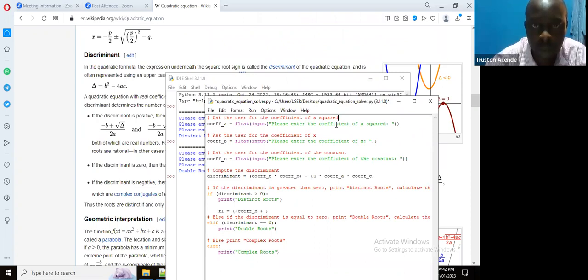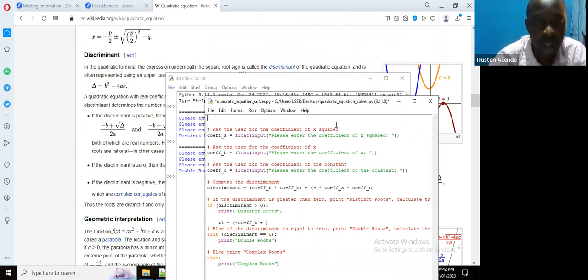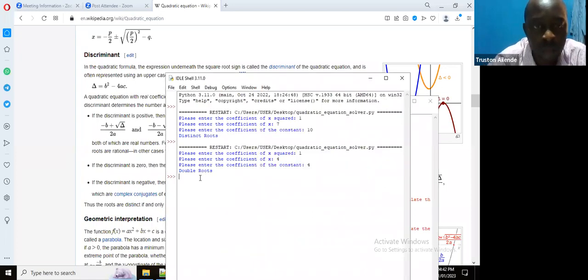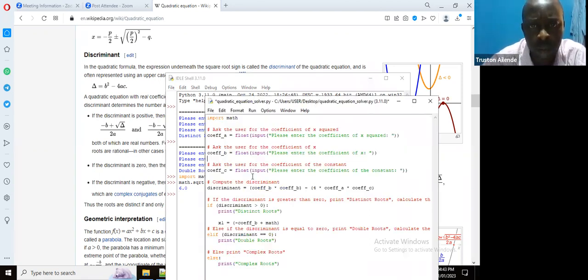Okay, beautiful, it works. So we'll just say import math.